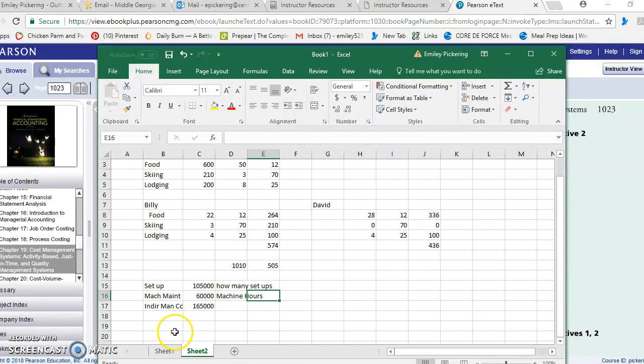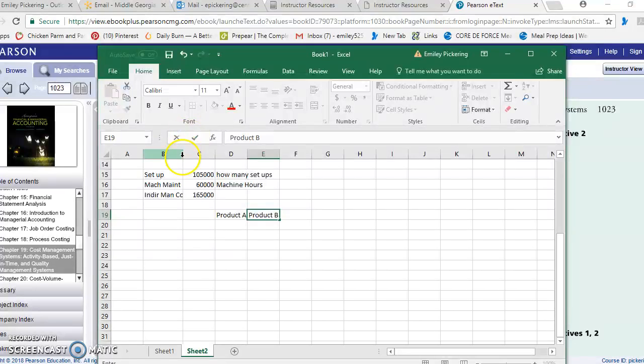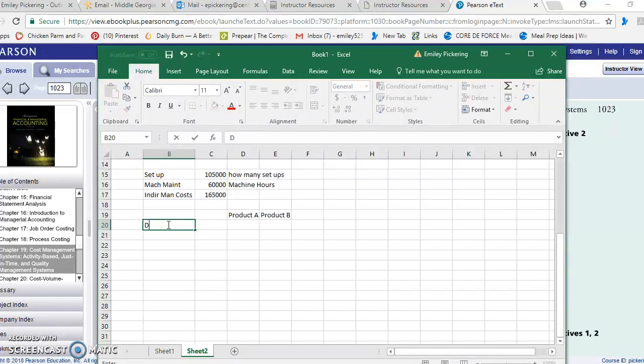Okay. So let's go ahead and figure out what our costs are going to be for each product. So we have product A, product B. Just to set this up a little bit, we have direct labor, and then we have number of setups, and then we have number of machine hours.